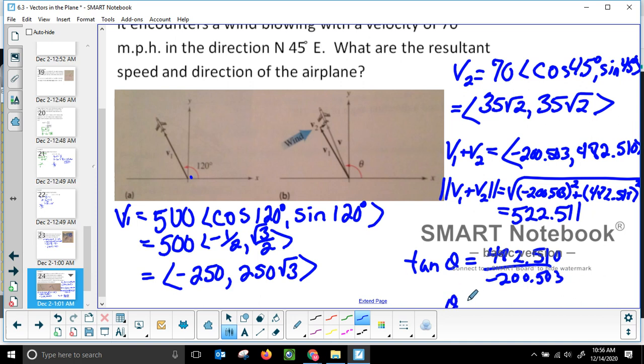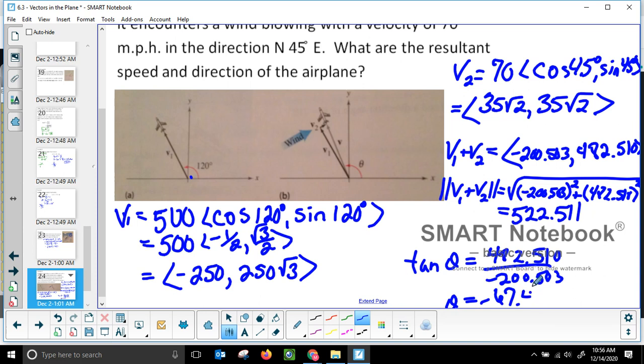When I do my inverse tangent of that, we get negative 67.435.